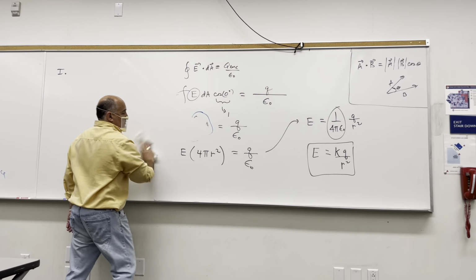And what is the total charge inside my Gaussian surface in blue? Q, capital Q, the one in red. And the next line is the answer. I just solve for E, and I get 1 over 4 pi epsilon naught Q over R squared, which is KQ over R squared.